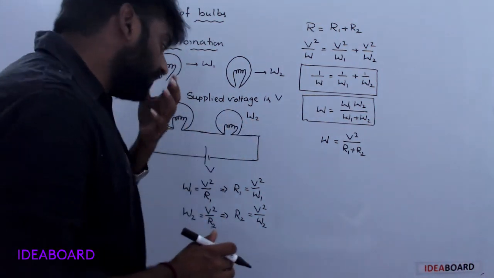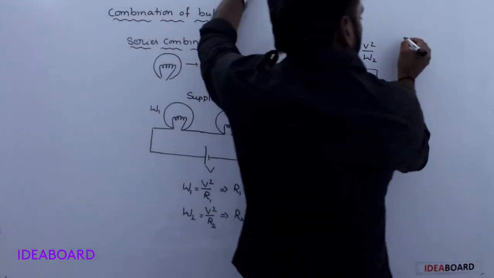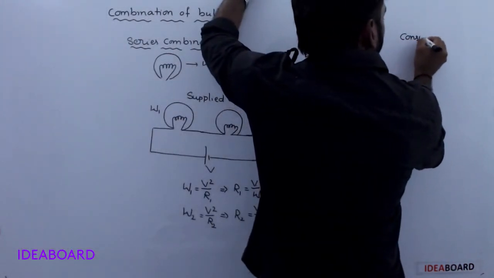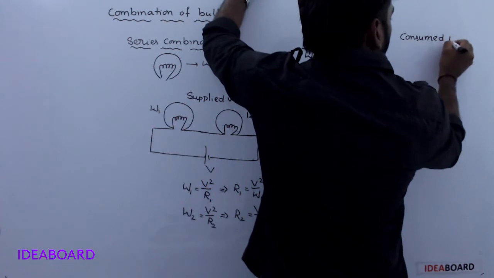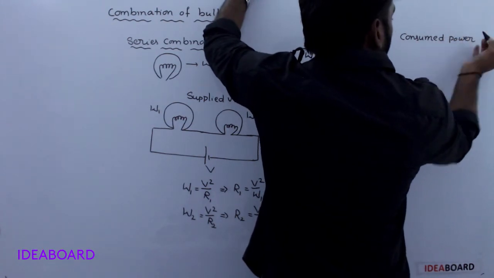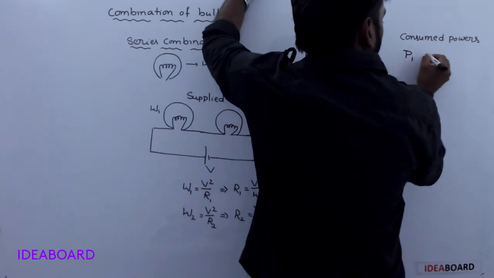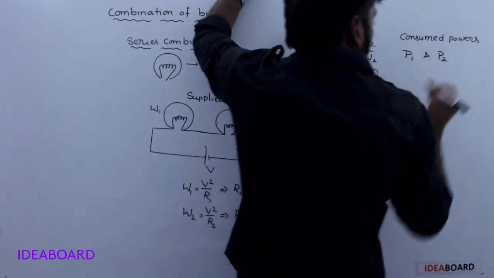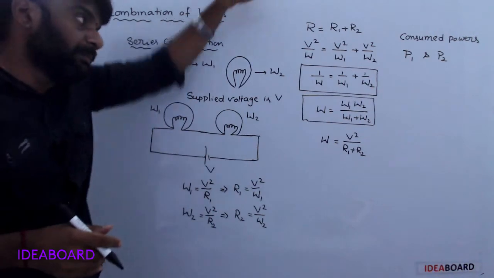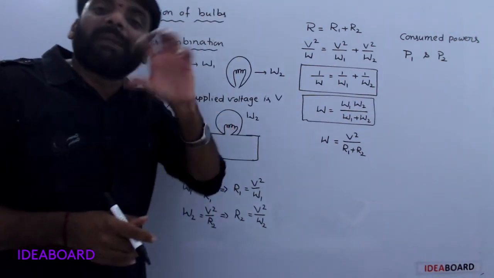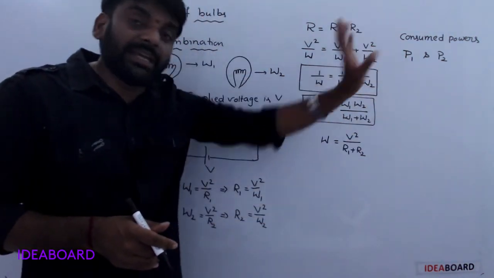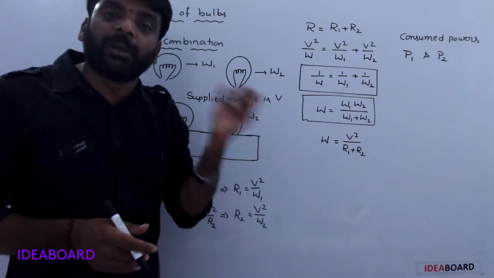Now, consumed power. Powers: one is P1, another one is P2. Here W representation is mentioned one. P representation is consumed power.